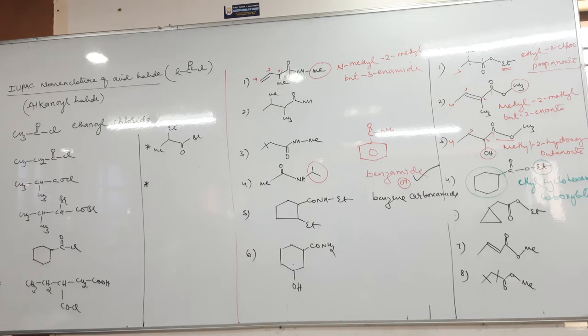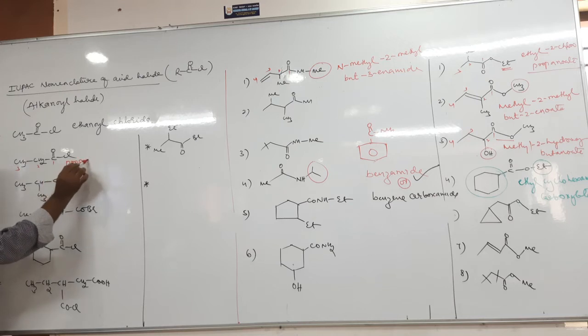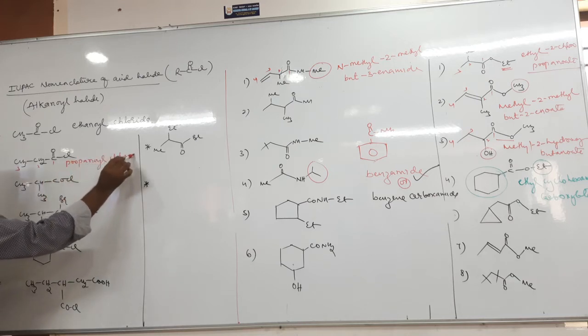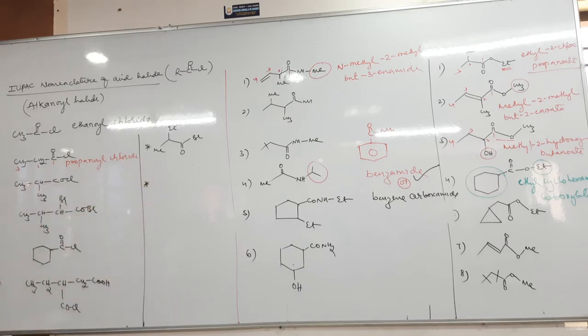Okay, tell me this. 1, 2, 3. Propanoyl chloride. Alkanoyl halide, right? Propanoyl chloride. Next.